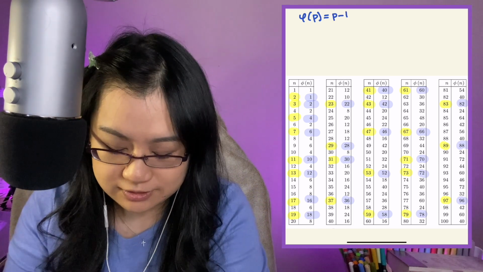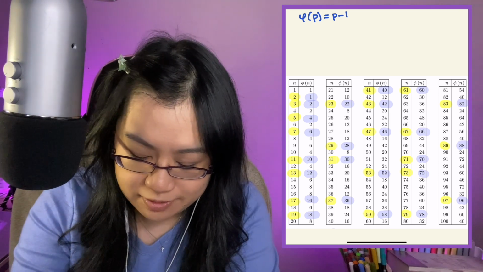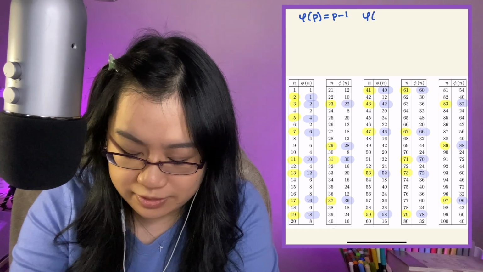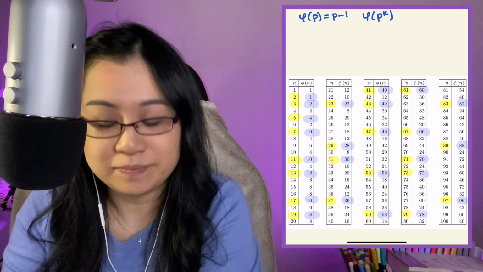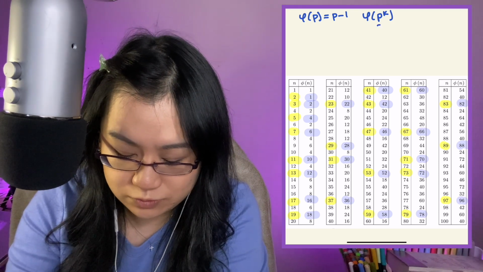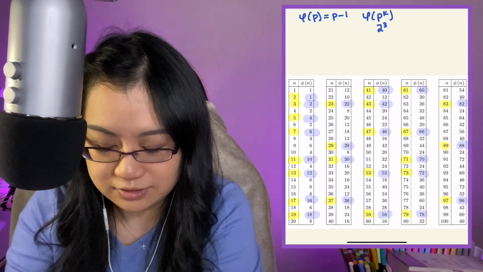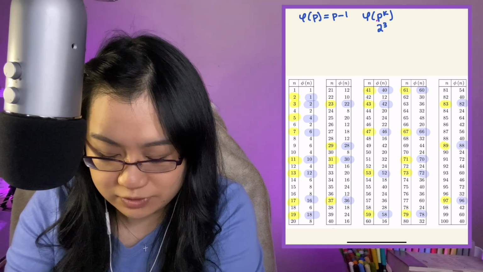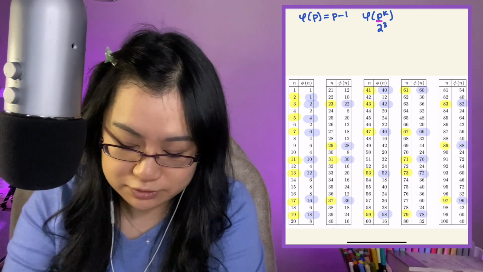And in fact, I will one up that pattern if I happen to have an exponent of a prime, say 2 to the 3rd or something like that. As long as this base number is prime, there is also a special formula for this.